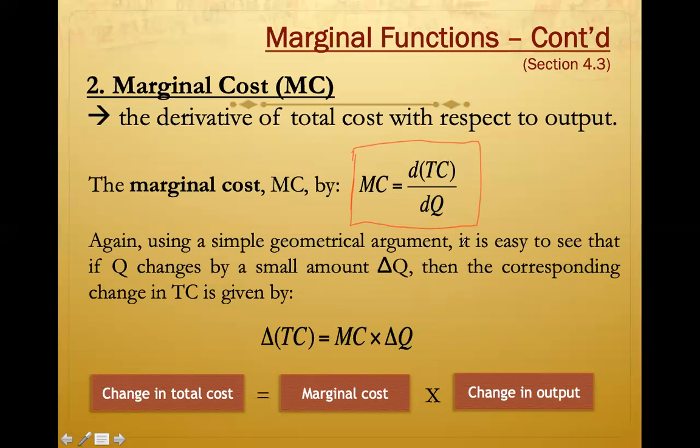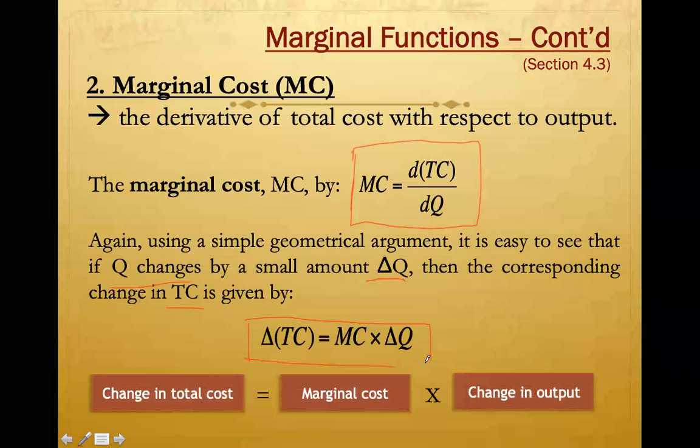Using a simple geometric argument, it is easy to see that if Q changes by a small amount delta Q, then the corresponding change in total cost is given. So this is actually the same thing as this one, delta total cost and MC. So if we write it like this, MC equals delta TC divided by delta Q, then you will have this formula.